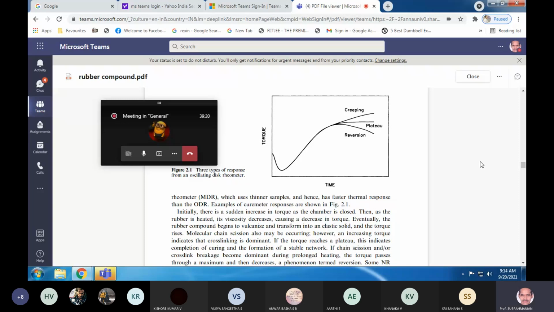So the point here is chloroprene rubber, in the absence of, listen very carefully, in the absence of organic accelerator may give you marching modulus.